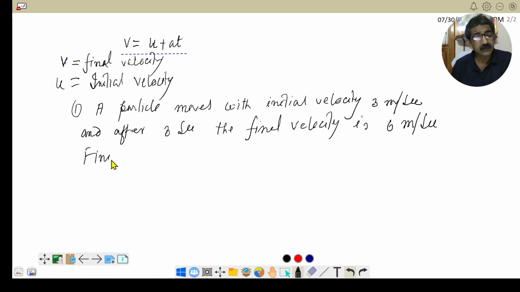Find acceleration. This is acceleration, in brief, A. Now we have the formula.